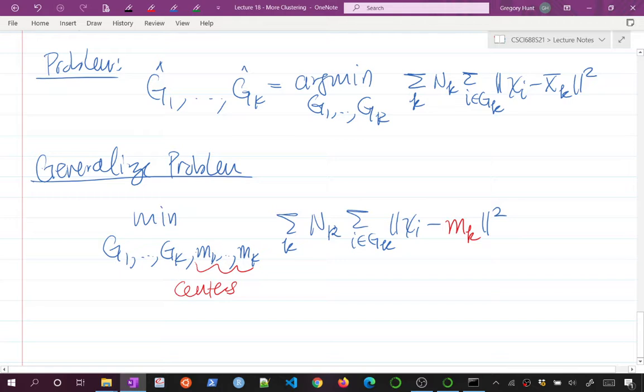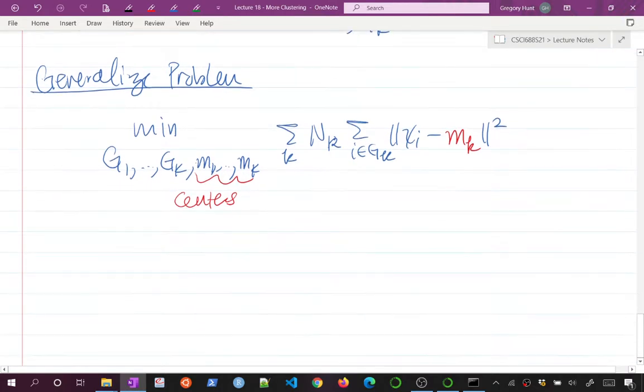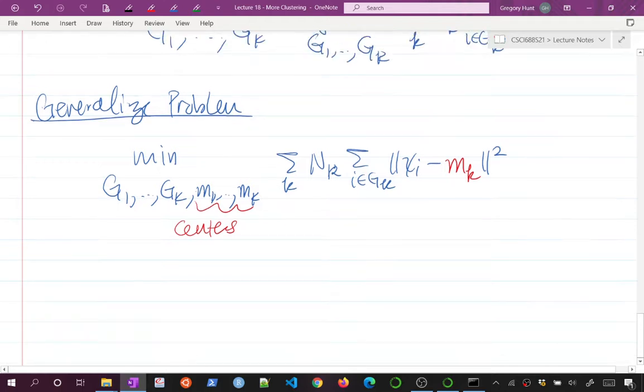If I look at it this way, Lloyd's algorithm is basically first minimizing over the M's, then over the G's, then given those G's, minimizing over the M's, and then given those M's, minimizing over the G's. It's iterating back and forth and solving this problem piecewise. First G's, then the M's, then the G's, then the M's, then the G's.